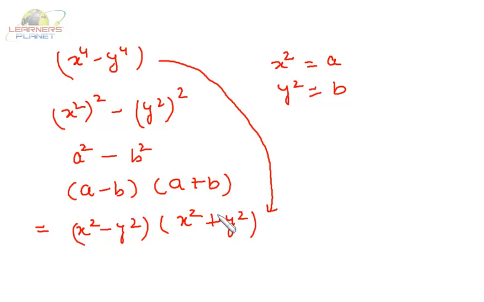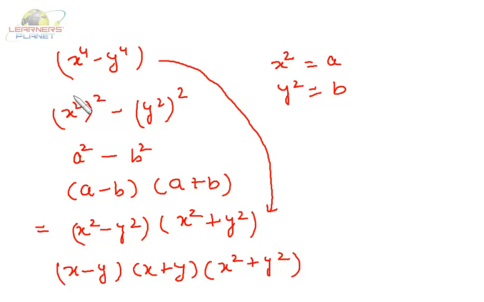If you are confused, I have discussed two methods. Further, x square minus y square can be factorized as x minus y and x plus y, and then x square plus y square. So just be very clear about it.